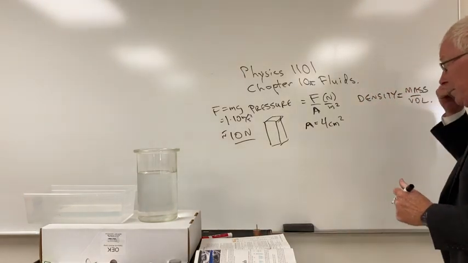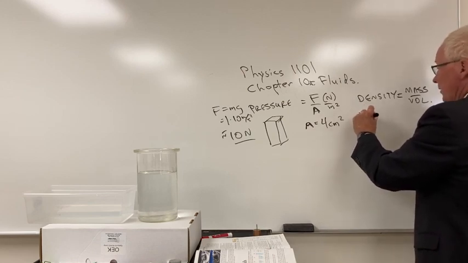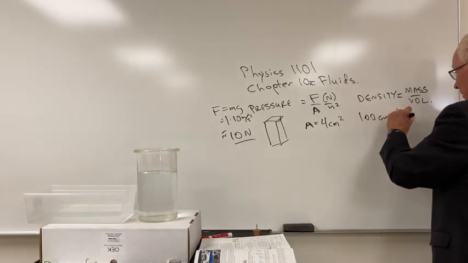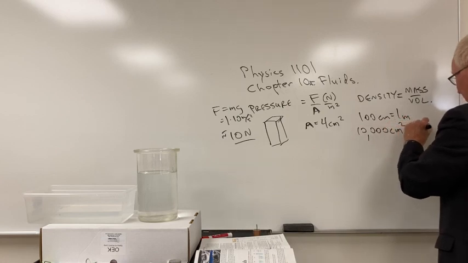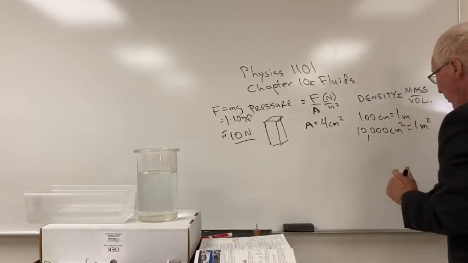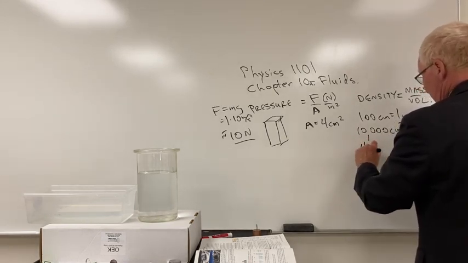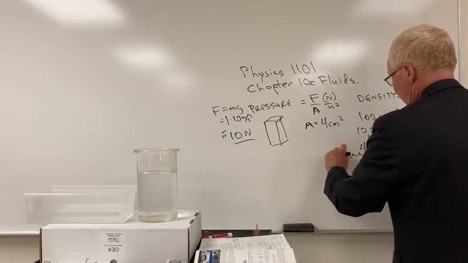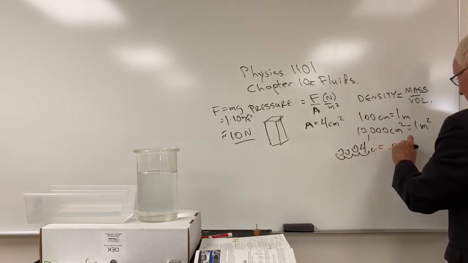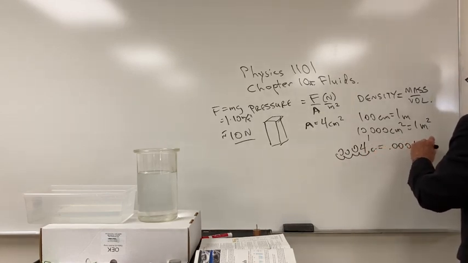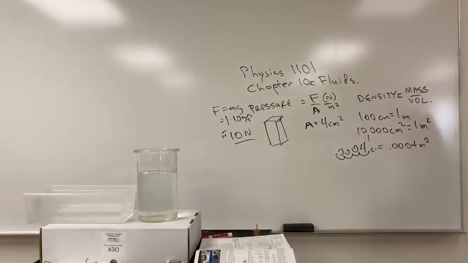Now convert this back to meters squared. Remember, 100 centimeters is 1 meter, but 10,000 centimeters squared is 1 meter squared. So you move it over 4 decimal places, so 4 centimeters squared is equal to 0.0004 meters squared. I believe it's correct, 4 10,000ths, yep.